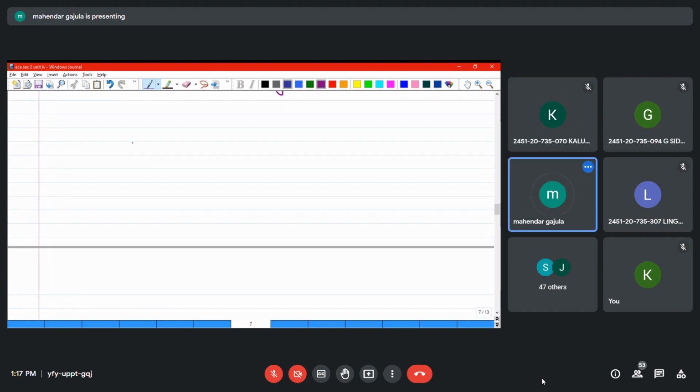Okay. The next concept is cross correlation. Already we have seen this. What is this? R xy tau is equal to the expectation of xt yt plus tau.